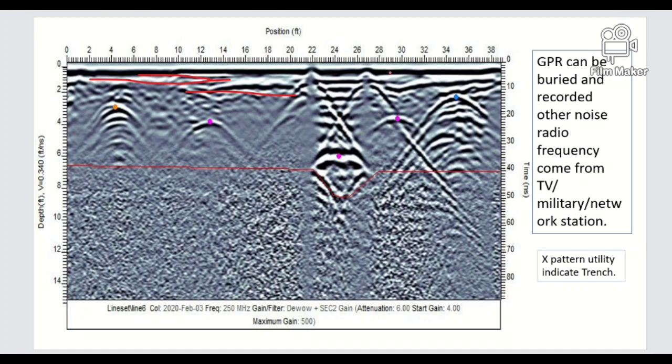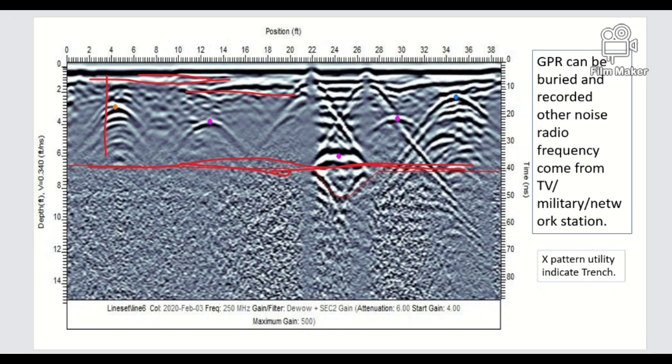So here, up to this depth, the GPR frequency and noise frequency are the same. That's why up to this depth the image gives a blur. The image gives the data which is in the ground surface.